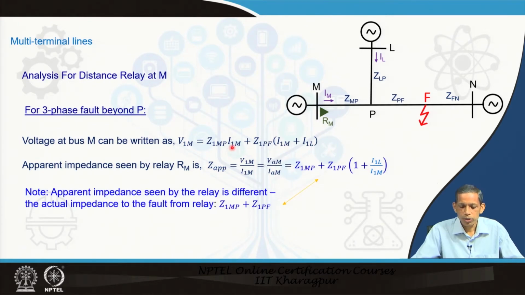So, if we divide, consider this I1m here as the same as Im. That becomes equal to Z1MP plus Z1PF times (1 plus I1L by I1m).